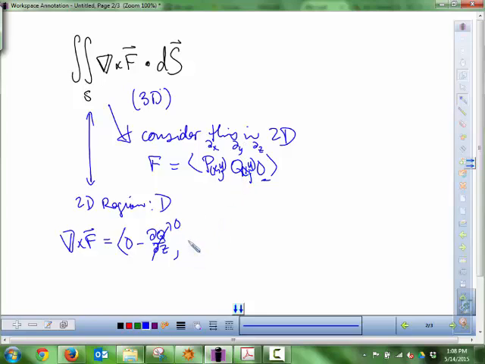With respect to y, the middle term, we got the derivative of 0 with respect to x, and then the derivative of p with respect to z, minus, which again should equal 0. And then the last component is the derivative of q with respect to x minus the derivative of p with respect to y.